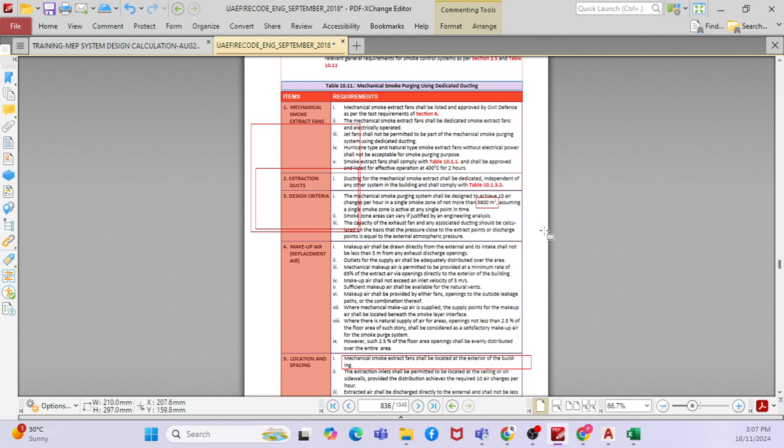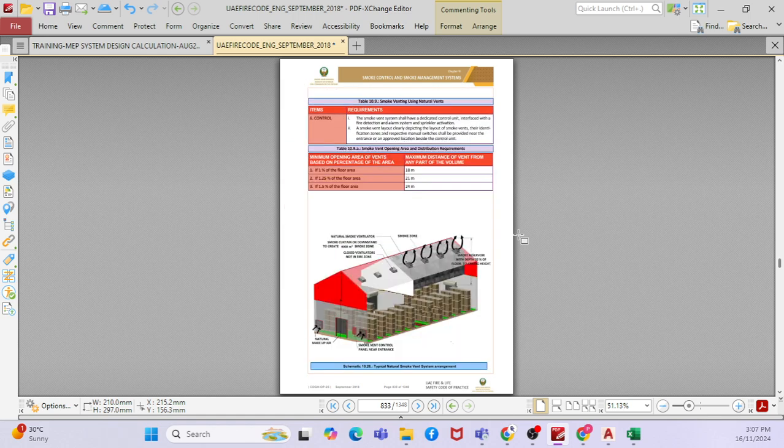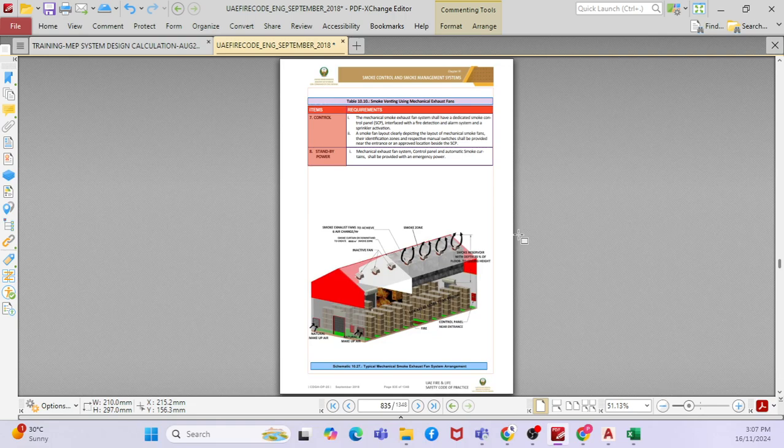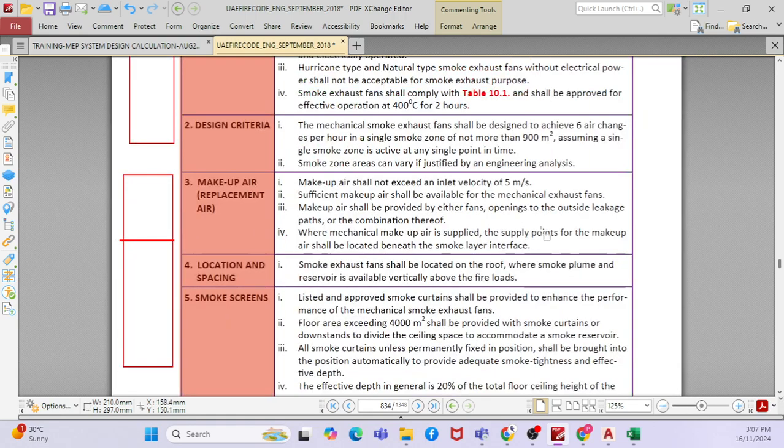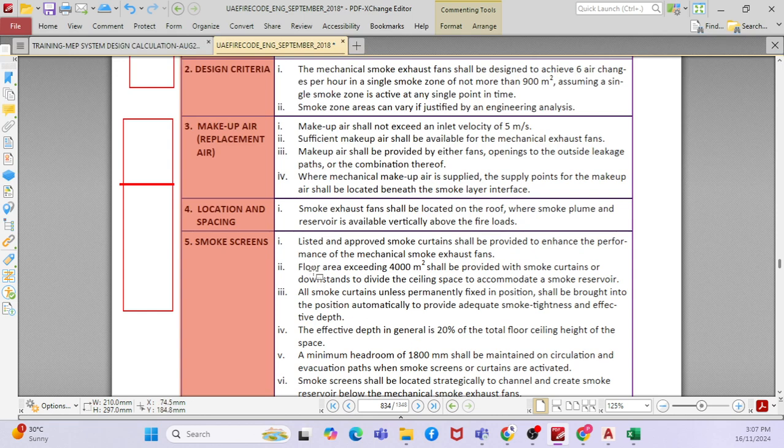Say for example, if I go to this standard, can you see this one? The floor area exceeding 4000 square meters shall be provided with a smoke curtain or down stand to divide the ceiling space to accommodate a smoke reservoir. Clear, right? Understood.